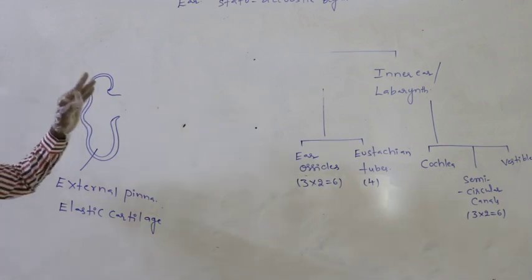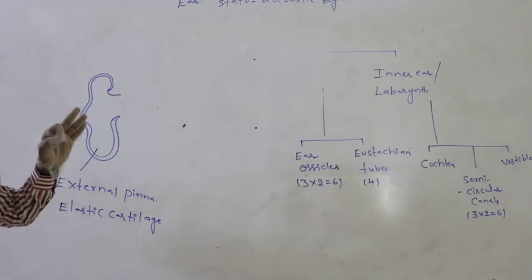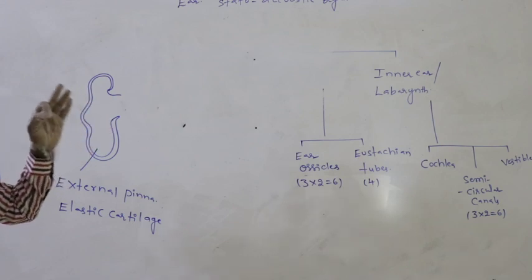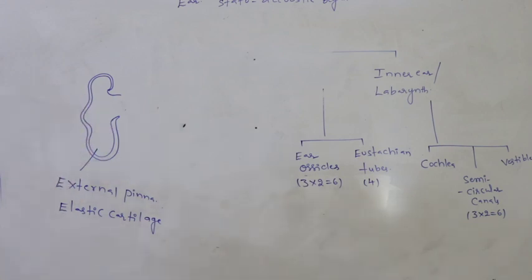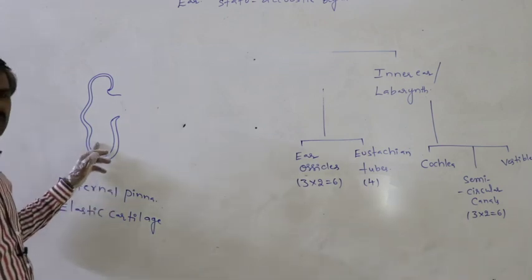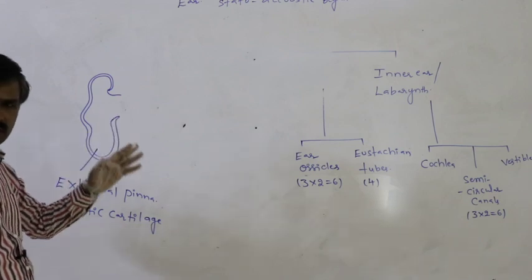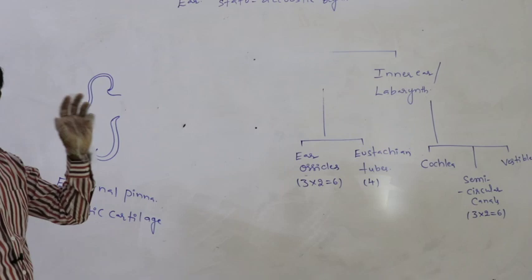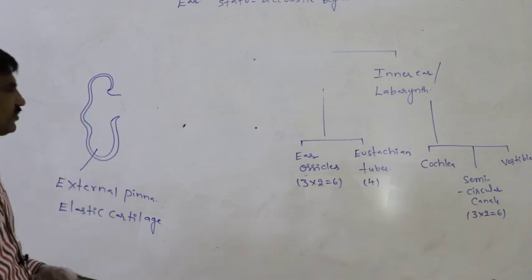It is present only in mammals, and humans are also mammals. That is the characteristic feature of mammals. The external pinna is principally useful to collect sound waves from all directions.